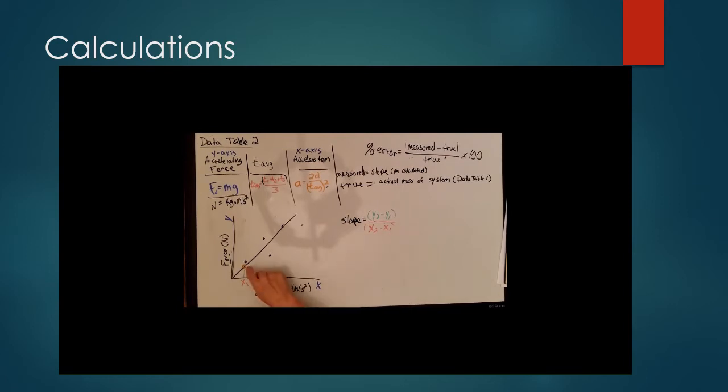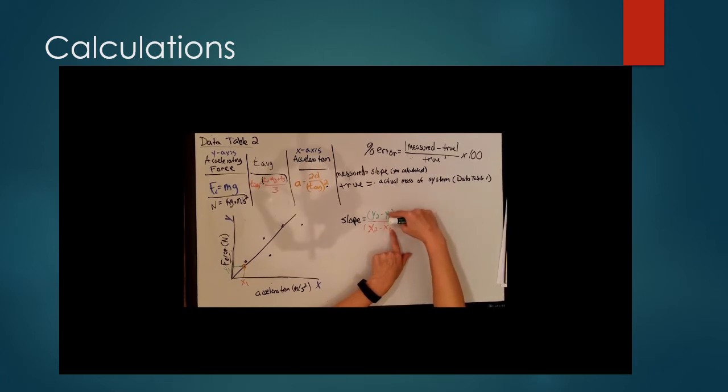I'm going to look at that same point and follow it over till I hit the y-axis. Whatever value it hits along the y-axis, that is my y1. So x1, y1 are the 2 values that I plug in here, because this is my x value for data point 1, and my y value where it hit on the y-axis for data point 1.